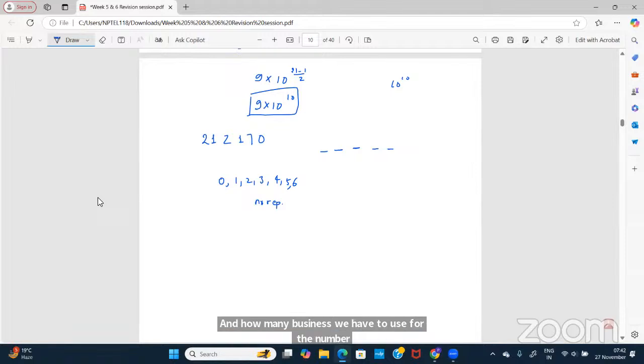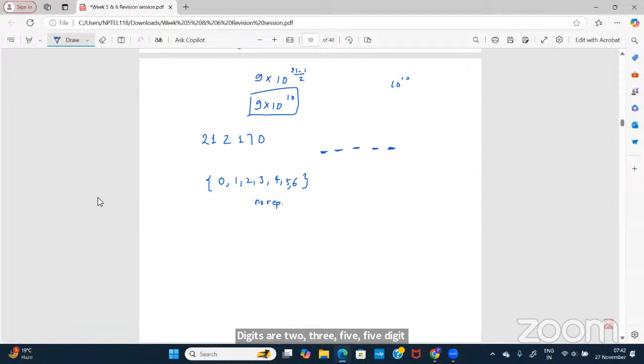Like, we can use these digits in our roll number, right? Yes, ma'am. And how many digits are there in your roll number? 5 digits, and 1 capital letter.